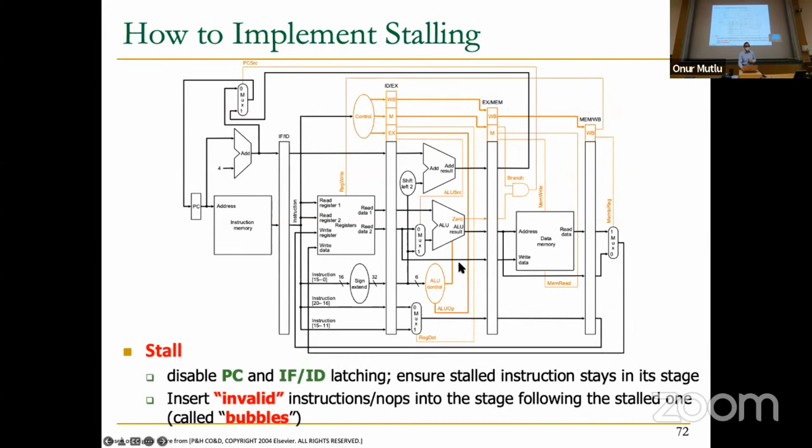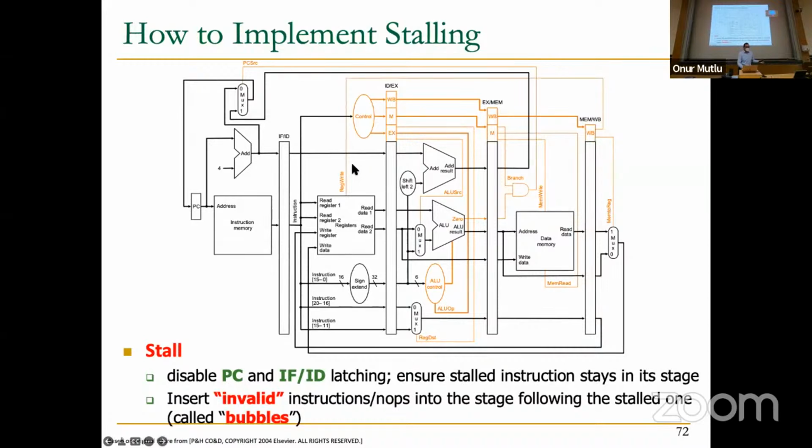I kind of told you this, but how do you implement the stalling? If you want to implement the stalling, you need to disable the program counter. So, what is stalling? Basically, we're going to stall in the decode stage. For this instruction, you've detected some dependence on some other instruction. You don't want to move this instruction.